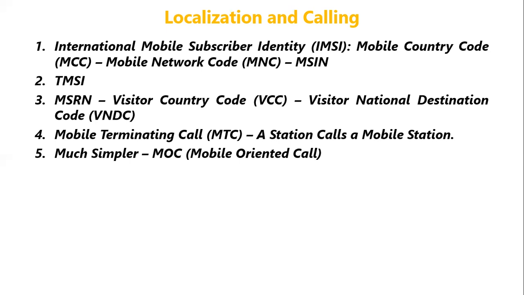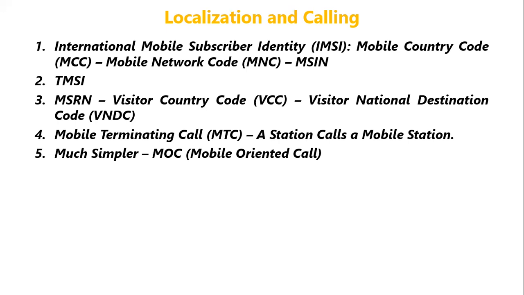Mobile terminated call means the receiver will be a mobile station. The one who makes the call can be from a mobile station or from a fixed network. Whereas in a mobile originated call, the call will be originated from a mobile station, and the destination may be either a mobile station or a fixed network.